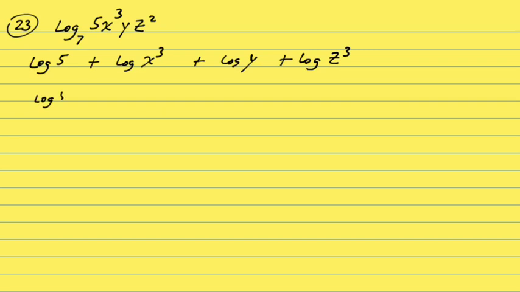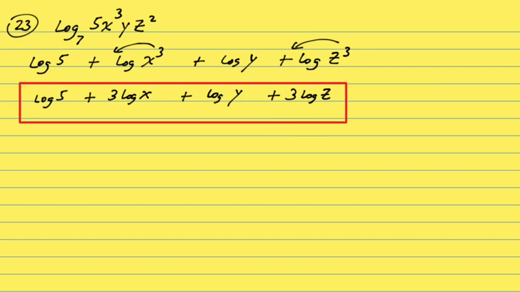So I would have log 5 plus 3 log x, because I can pull the exponent out front, plus log of y plus 3 log z, because again I could pull the exponent out front. So that would be the expansion for 23. And I'm sorry, it's z squared. So this should be z squared. So the number in front here, if you pull the 2 out, would be 2 log z.